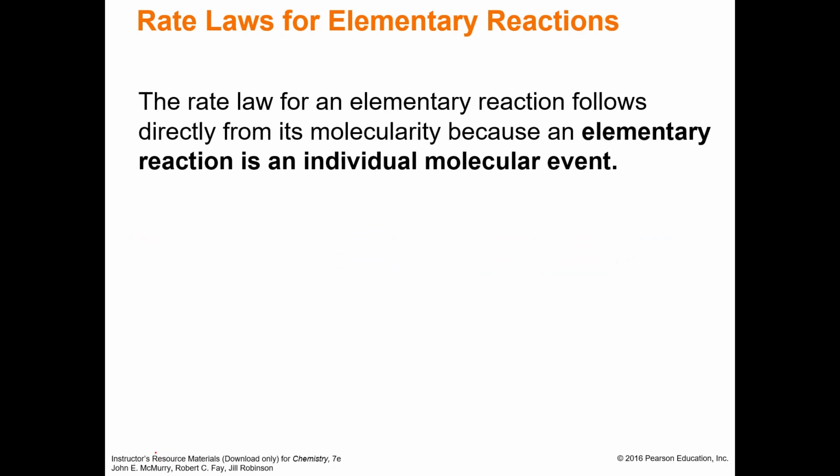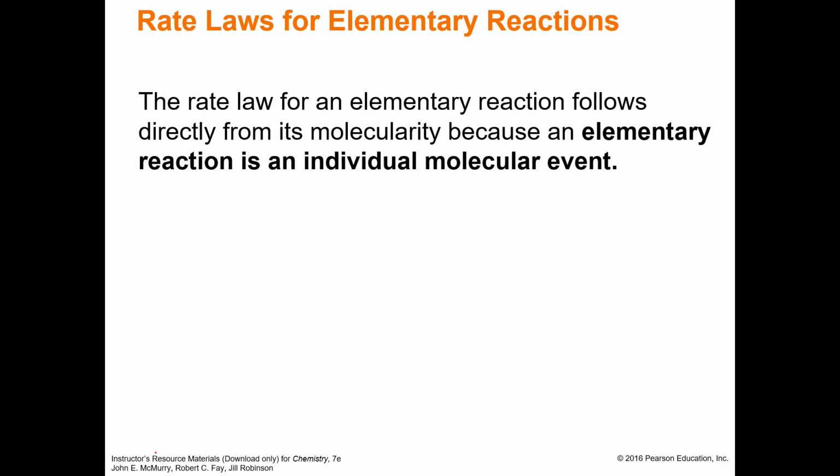We talked about for rate laws that you have to determine the rate orders from experimental evidence. However, for elementary reactions, this is the one time that we can take the rate orders directly from the reaction.